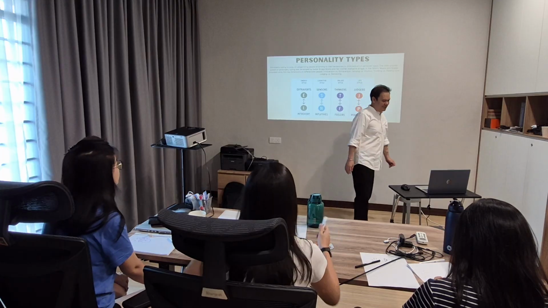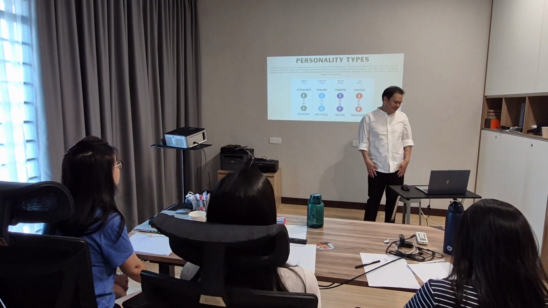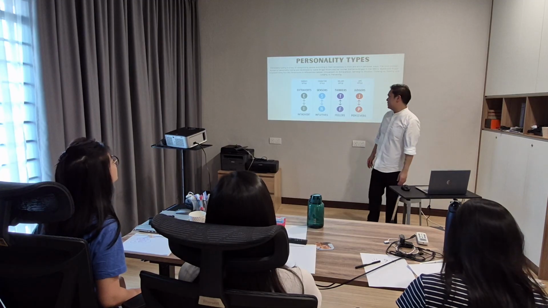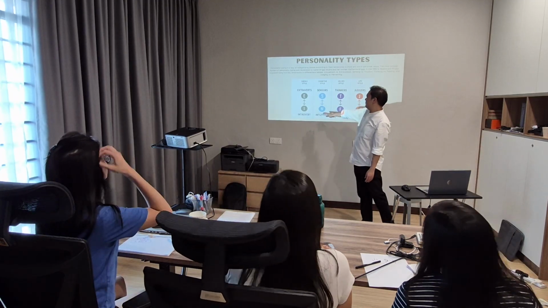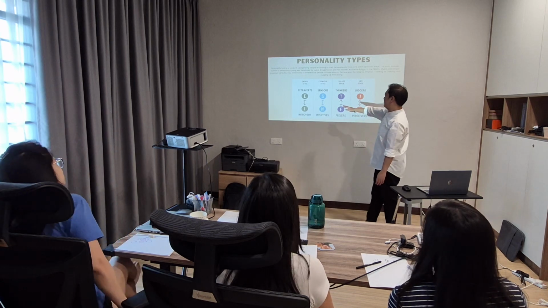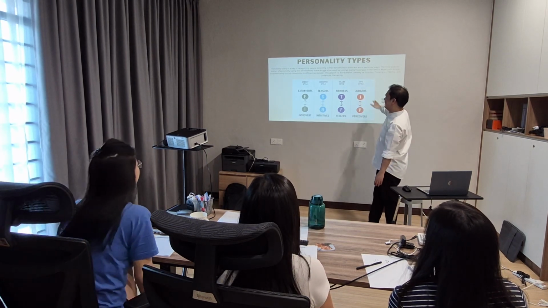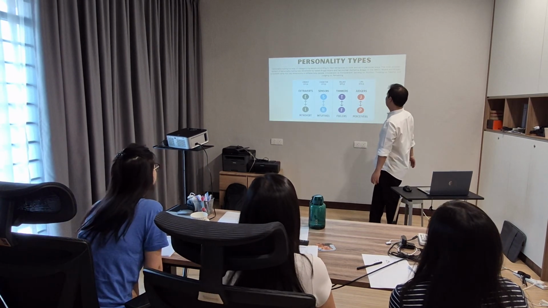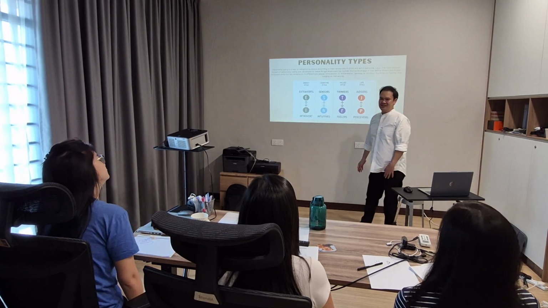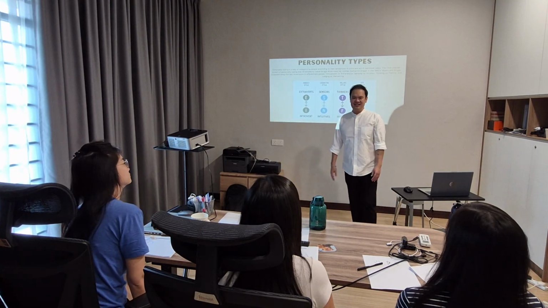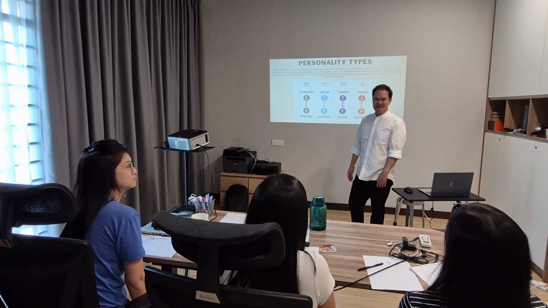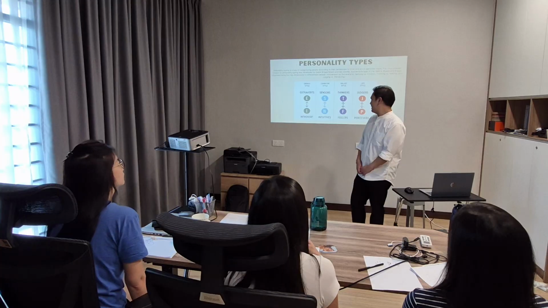So according to Briggs-Myers, there are 4 main dimensions of how you can categorize people, and in every dimension they have 2 different types of styles. So the first one is energy style. Does anyone know what energy style is? I've heard of that, extrovert and introvert before.